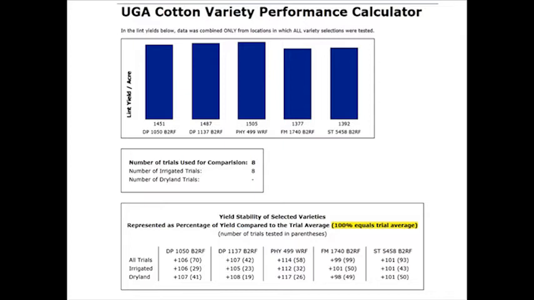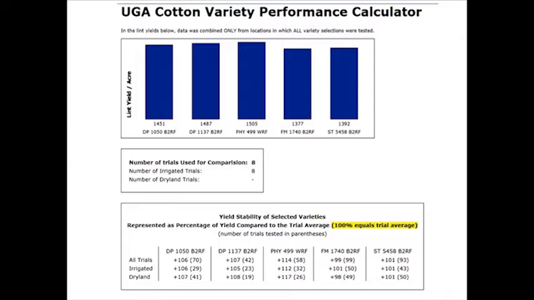Then down here at the bottom is some information about stability and how the variety compares to trial averages in certain situations. This is broken down between irrigated and dry land trials or all trials combined. If you see that number is above 100, that indicates that the variety in that particular environment performed better than the trial average. In that case, it would be 6% better than the trial average for that variety across all trials.